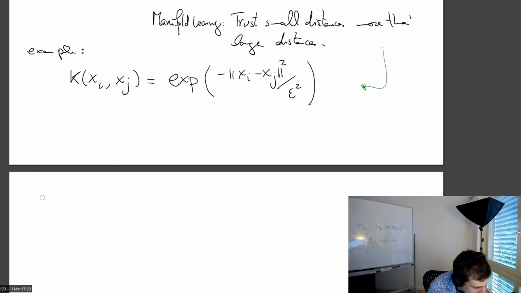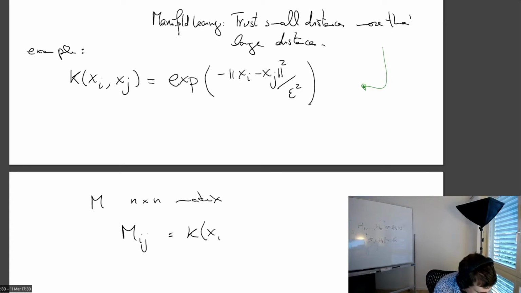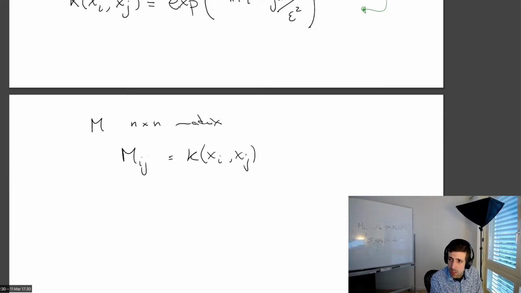Or it would be natural to ask that if I think of the matrix M, let's recall M is an n by n matrix, where Mij is equal to K(Xi, Xj). It's a natural thing to ask that M has only non-negative eigenvalues.